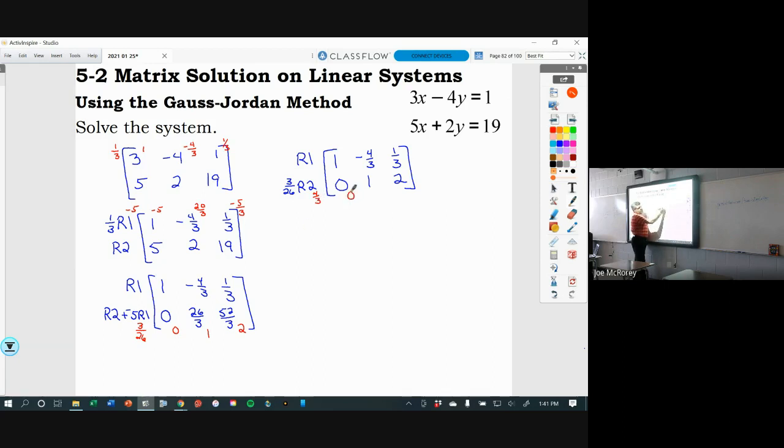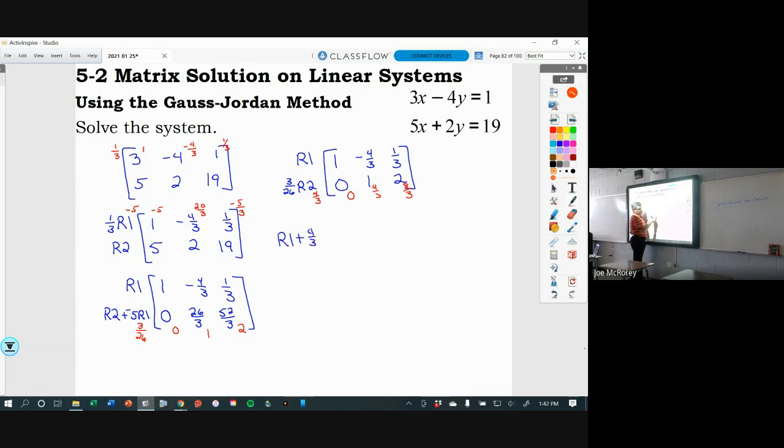4/3 times 0 is 0. 4/3 times 1 is 4/3. 4/3 times 2 is 8/3. We're about to replace row 1. What am I adding to row 1? 4/3 of what? Row 2.